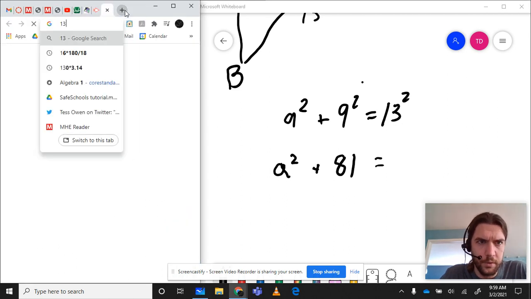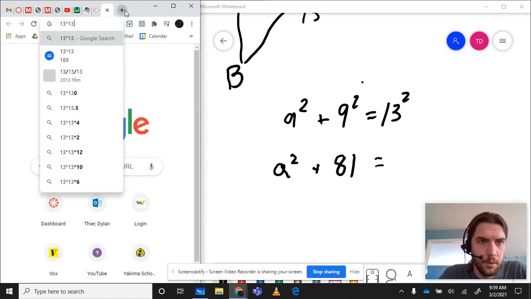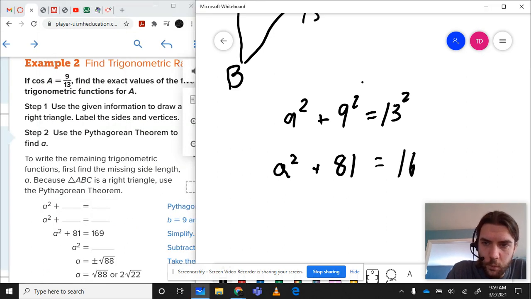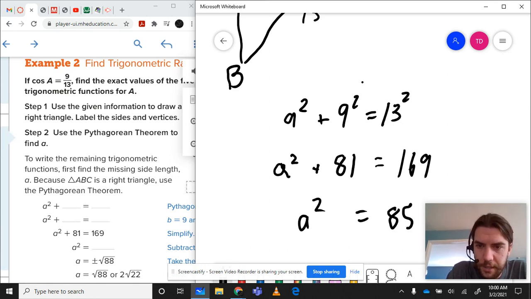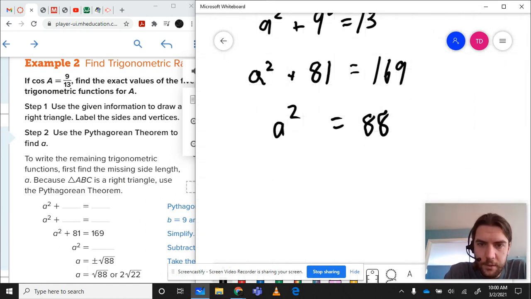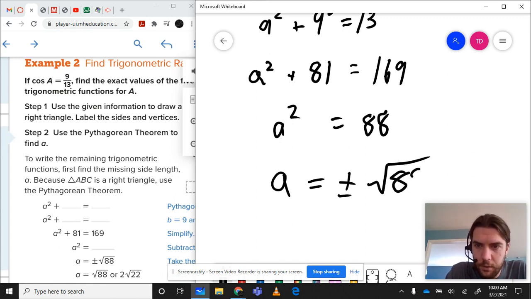13 squared, I think it's 169, but let me double check. Yes. Okay, so then we can remove 81 from both sides, getting us down to 88. And then we will take the square root of both sides because we don't want a squared, we just want a. So we will get plus or minus the square root of 88.